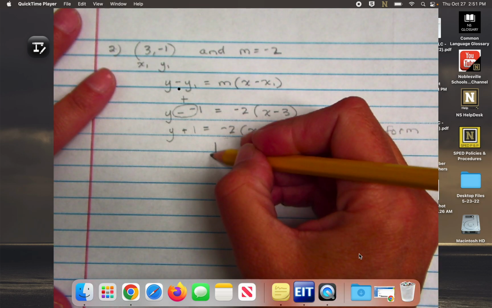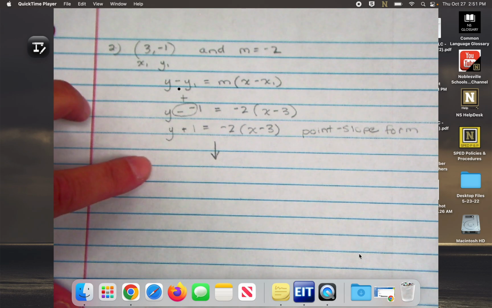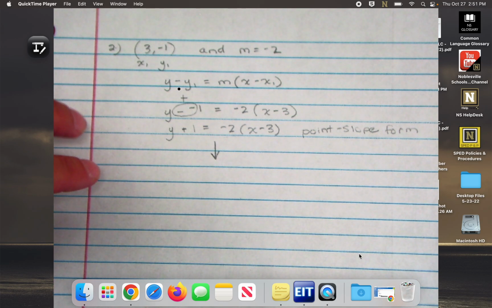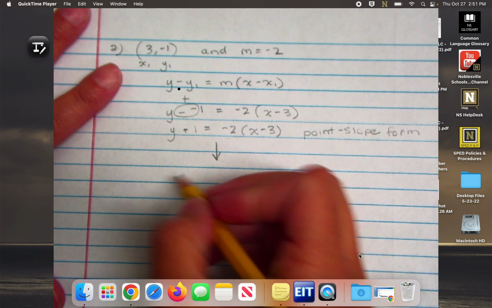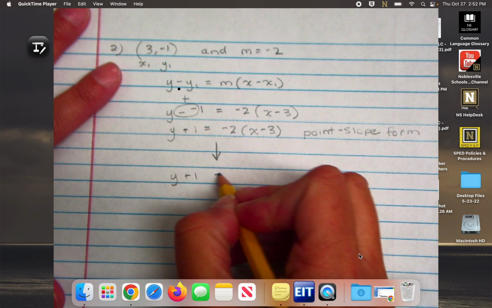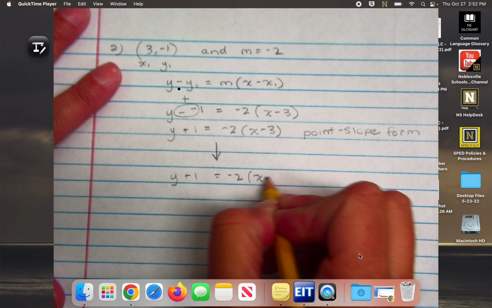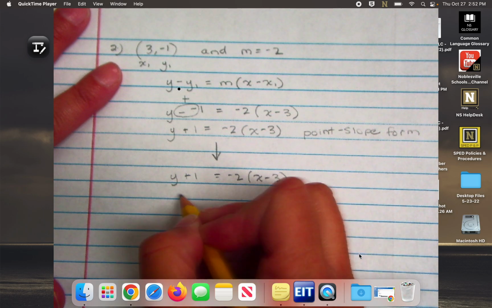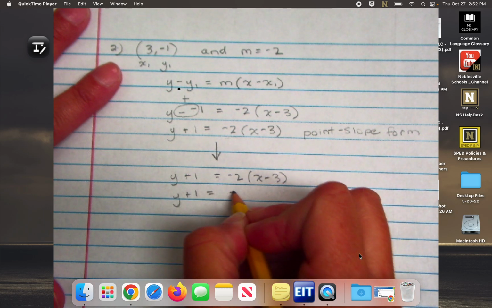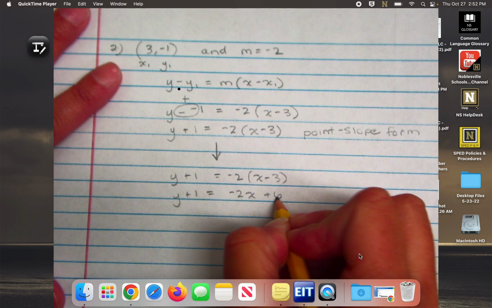Okay. Now, if I want to turn this into slope-intercept form, minus 1. It'd be negative.